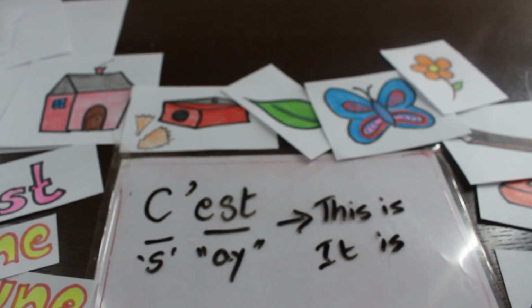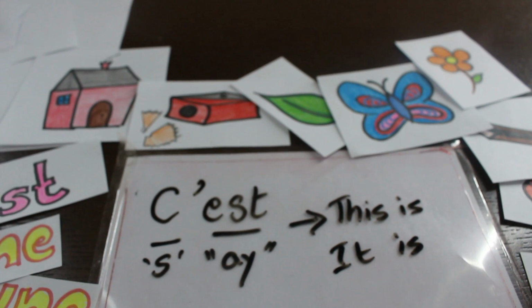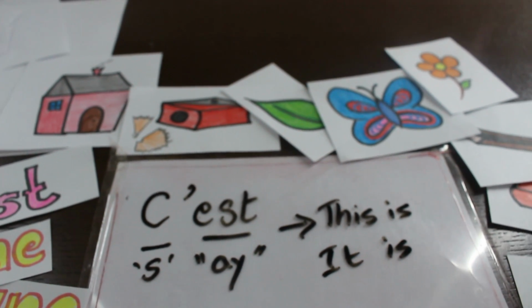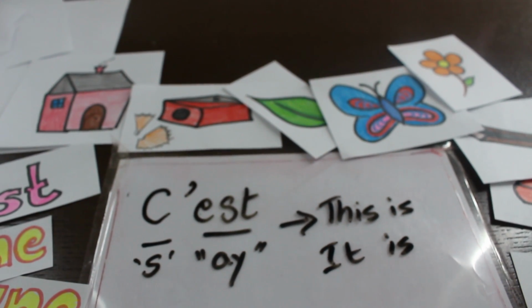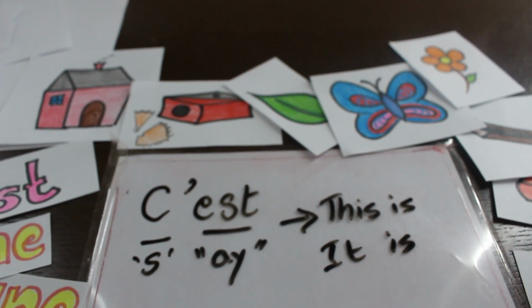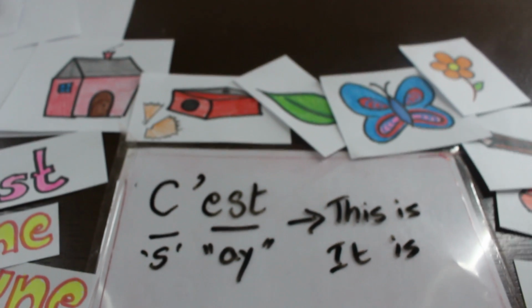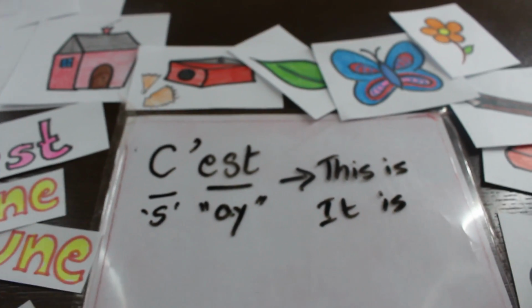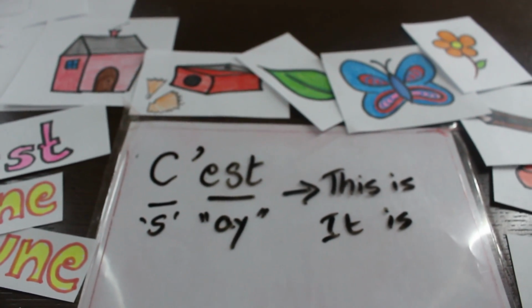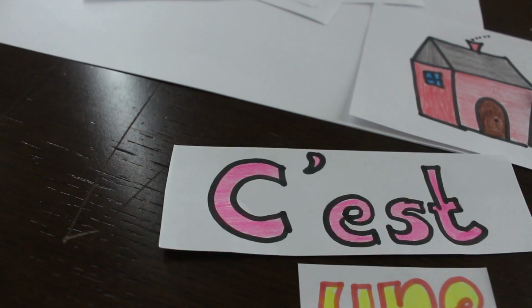So when you're using say, you're basically showing something, you're pointing to something, like in English we say this is a boy or this is a girl, right? So here's our c'est.